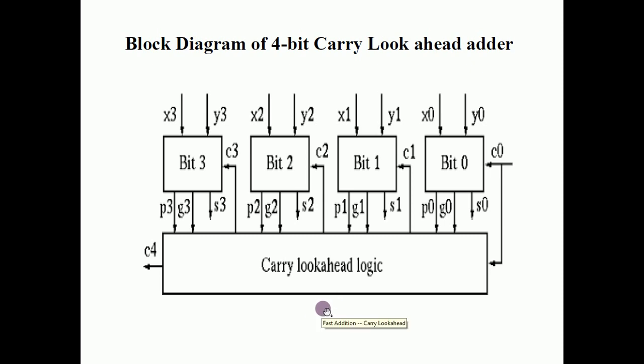In some cases where you are concerned with area, because this results in more area as you need additional hardware, we prefer the ripple carry adder. So it just depends on what you want. If you want area optimization, then you can go ahead with the ripple carry adder. If you want delay optimization, then you can go ahead with the carry lookahead adder.